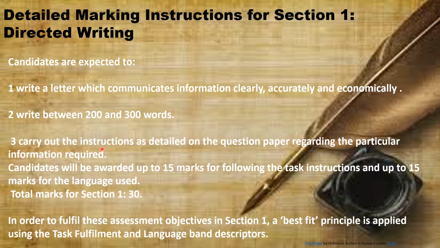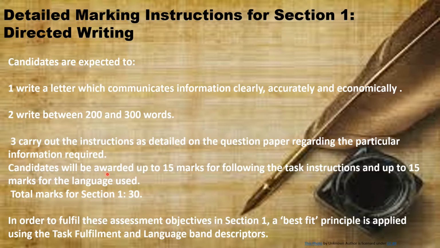Then whatever instructions are given, we call them rubrics. They are given in 3 bullet points. They are detailed on the question paper, and you give related and required information. If you are not giving the related and required information, you will not be marked for this part.